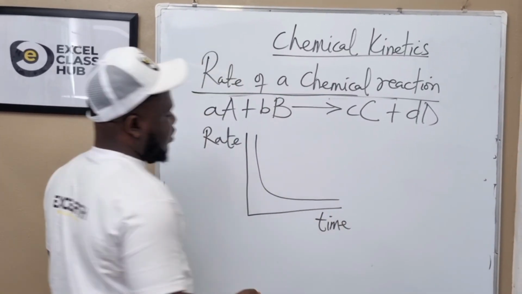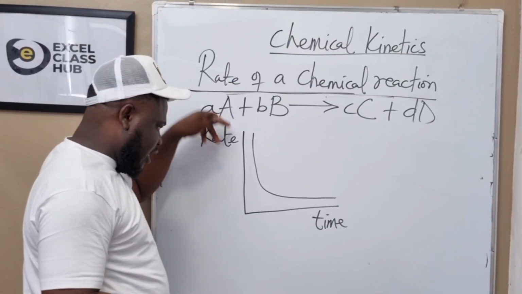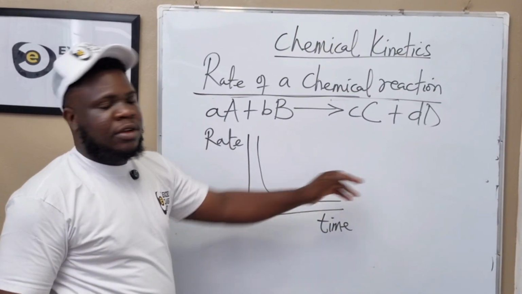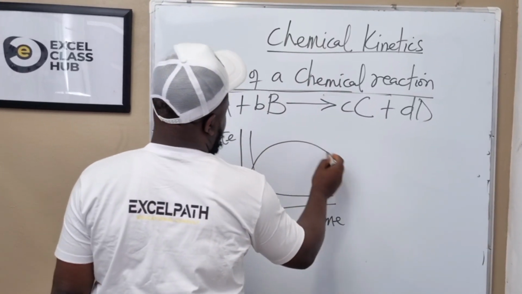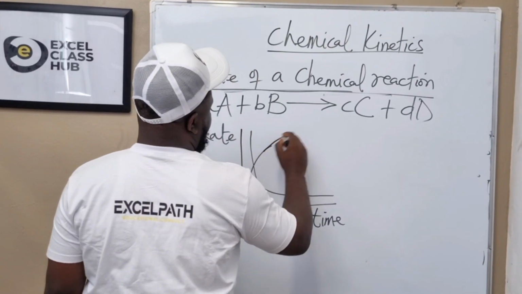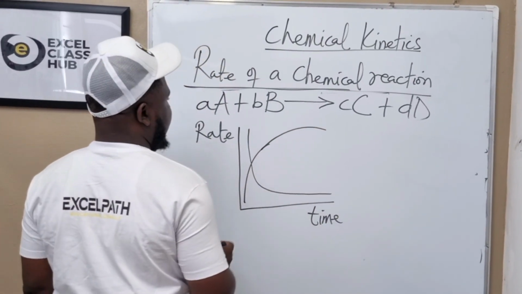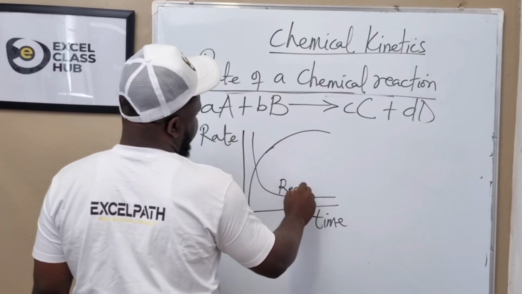The rate of reaction of reactants is decreasing with time. But for products, the rate of reaction of products increases with time. So we are going to have this kind of curve indicating that it is increasing with time. So we can call this place the curve of reactants.